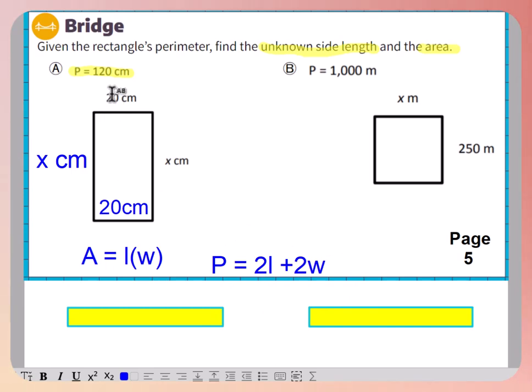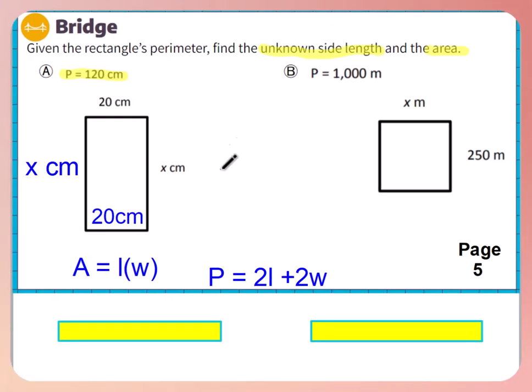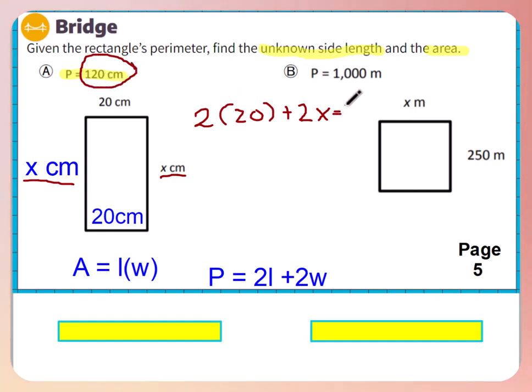All right, so that's going to be 2 times 20, 2 times 20 plus 2 times, now we don't know this side or this side. We're going to call those x because that's the variable that they gave us. Now that total is going to equal 120. Now we have an equation. Let's work on solving it.